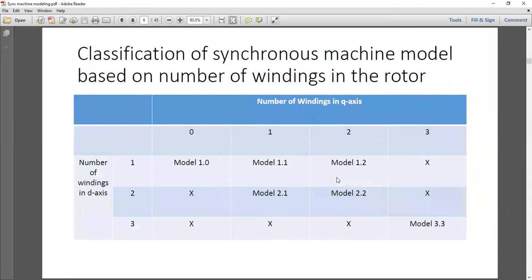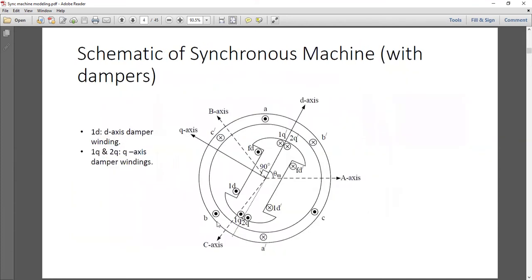Let's say if we take any of the models, let's say 3.0. What does that mean physically? That means you have three sets of coils along the D axis. So you must have at least the field winding.